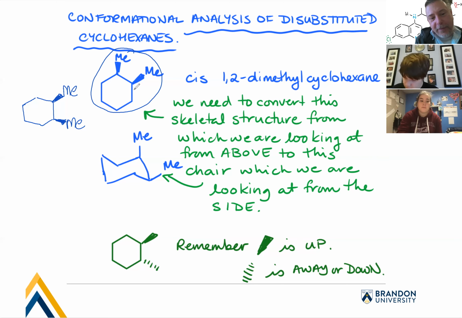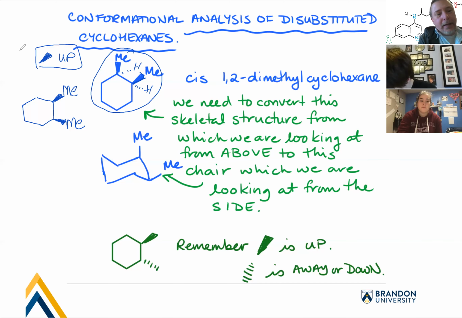So the ring is flat, we're squishing it flat mentally, and it's in the plane of the blackboard. Anything with a wedge line, like the methyl groups pointing towards us, that means it's coming up. Because we're looking down on this molecule, this wedge would be up. And anything which was a dashed line going away, which would be a proton here, this would be down.